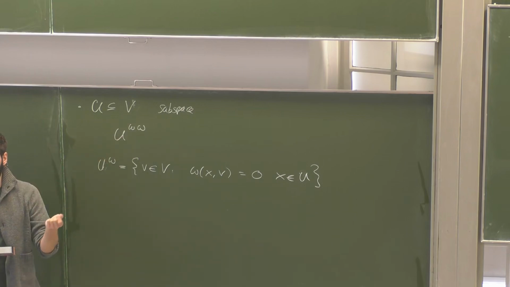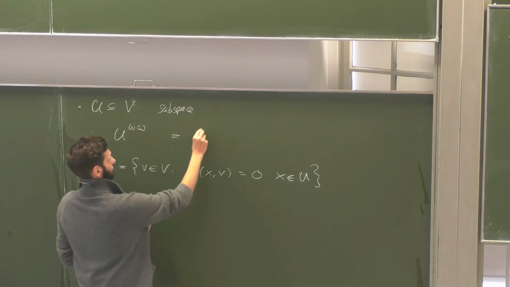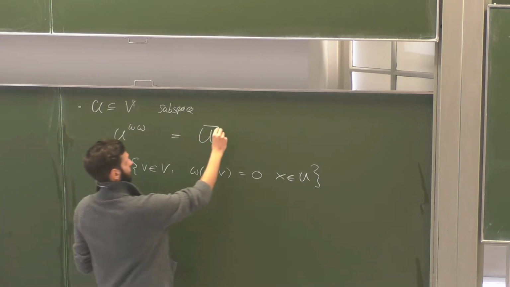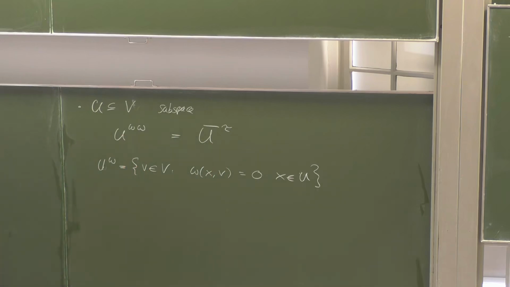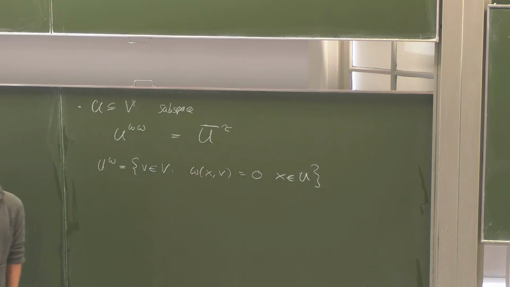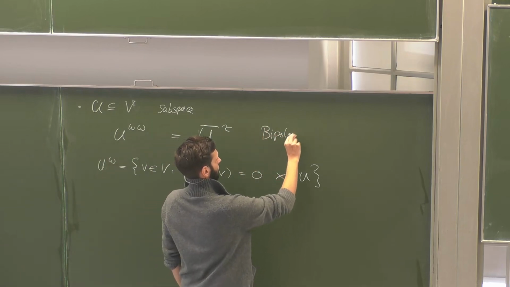In finite dimensions, you count dimensions and show that this is again your subspace. In this case, it's no longer true, but you get a completion of U, and it turns out to be exactly the closure of U with respect to one of these symplectic topologies. It doesn't matter which one you take, because they essentially have the same linear functionals. Also, linear subspaces have the same closure, not completion. And that's something called the bipolar theorem.